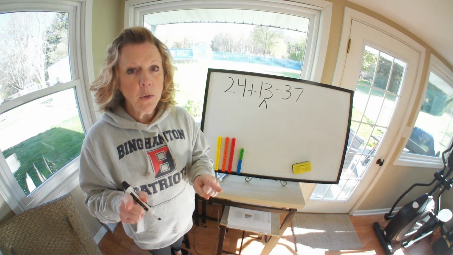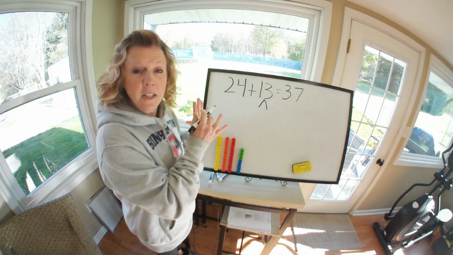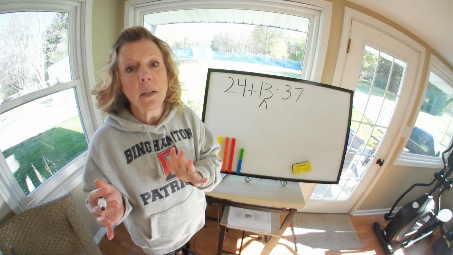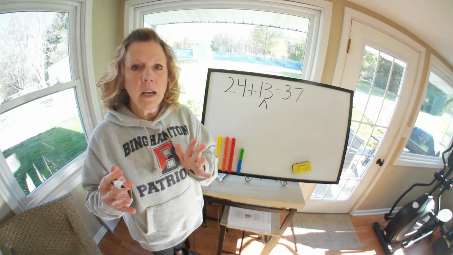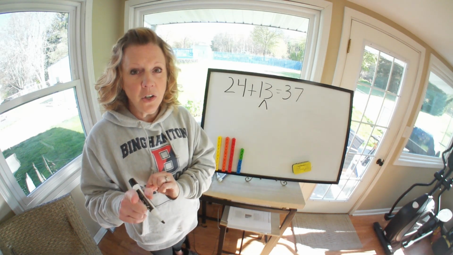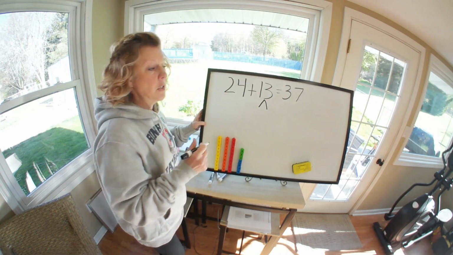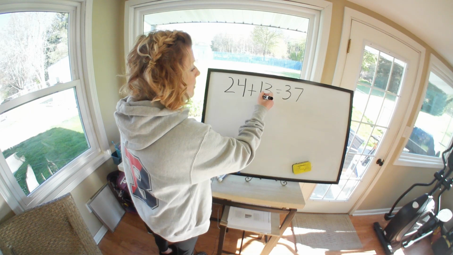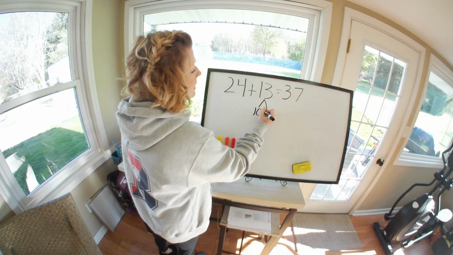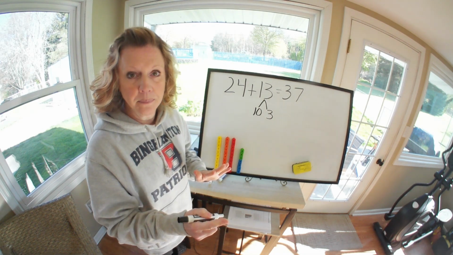Before I said to you, you're going to put the 10s closest to the 10s and the 1s closest to the 1s. But guess what? This is the first time we have a two-digit number we're adding to. This is where that hundreds chart comes in, because watch what's going to happen. I'm going to put my 10s closer to the number. So I know I have 1 10, which is 10, and 3 over here, because 13 is 10, 3.